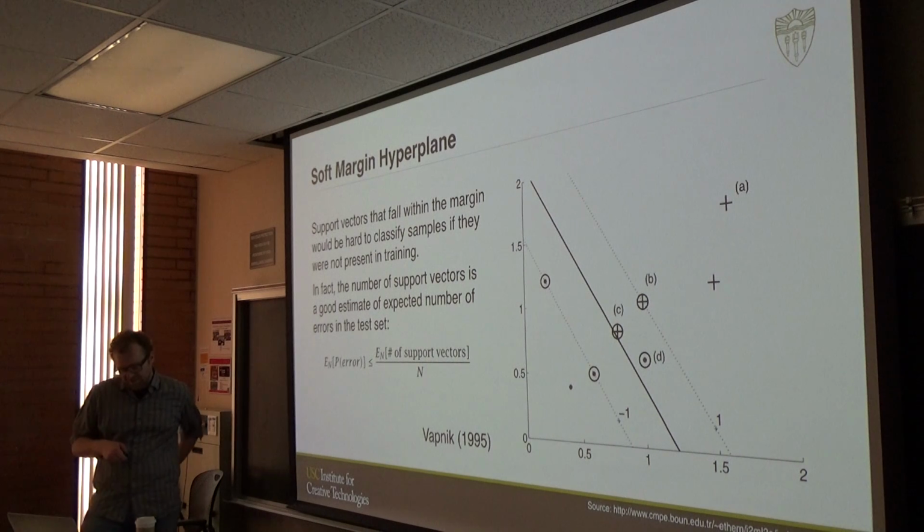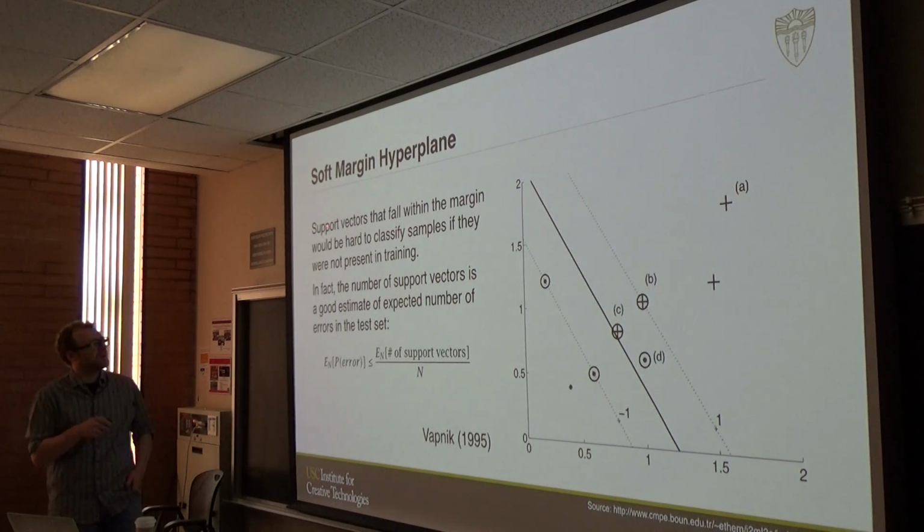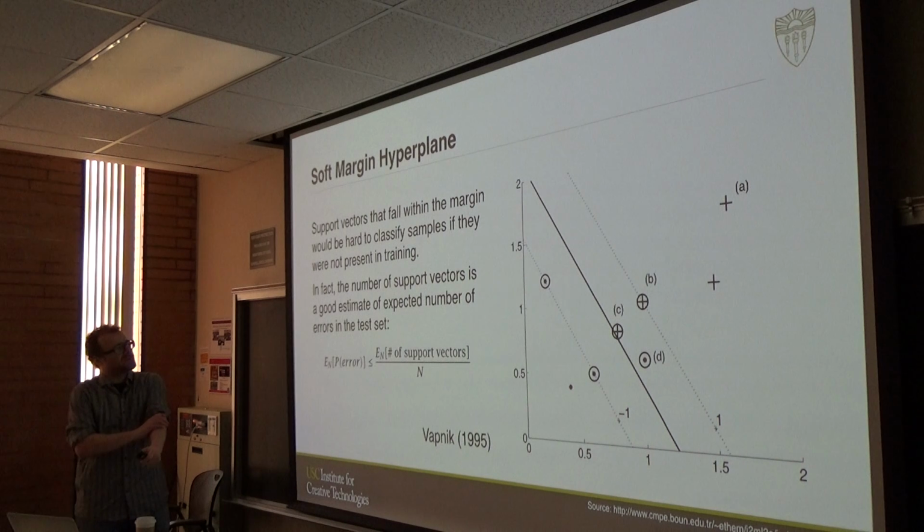So this is just a repetition of what I mentioned before. Support vectors that fall within the margin are hard to classify, so if this guy wasn't present in the training data, or this guy wasn't present in the training data, it would be really difficult to classify those, because this guy is really close to the decision boundary.